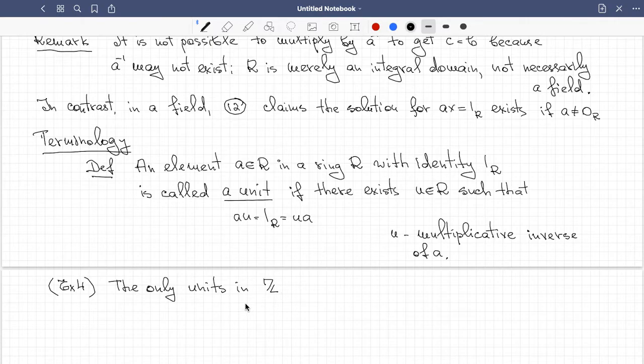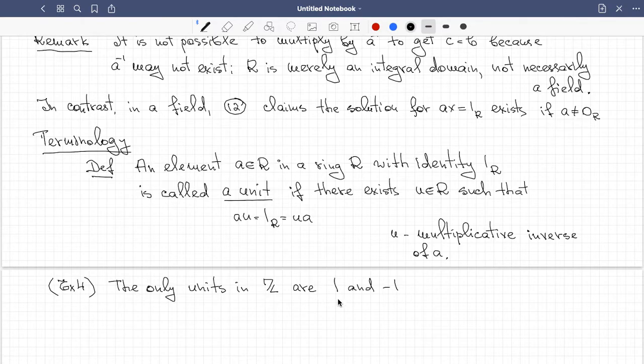The only units in this ring are 1 and -1. 1 times 1 is 1, and by coincidence 1 is the identity in the ring Z. -1 times -1 is 1, so the multiplicative inverse of -1 is -1 itself.